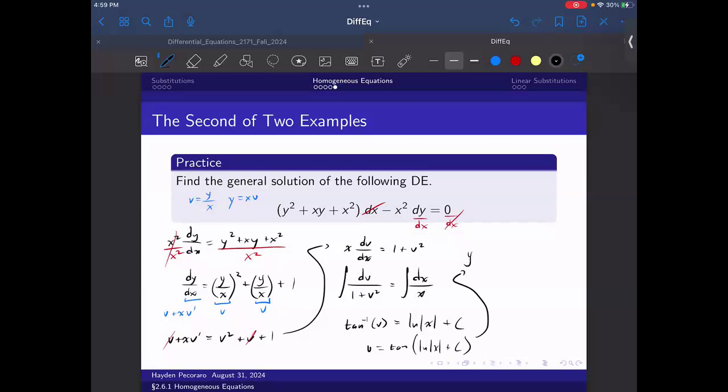So we have y equals x times tangent of log absolute value x plus c. All right. Are we done? Yeah, we have the general solution. No initial conditions were given to us, so we don't have to keep going. All right. Questions about these so far? So we're going to move on to something slightly new next.